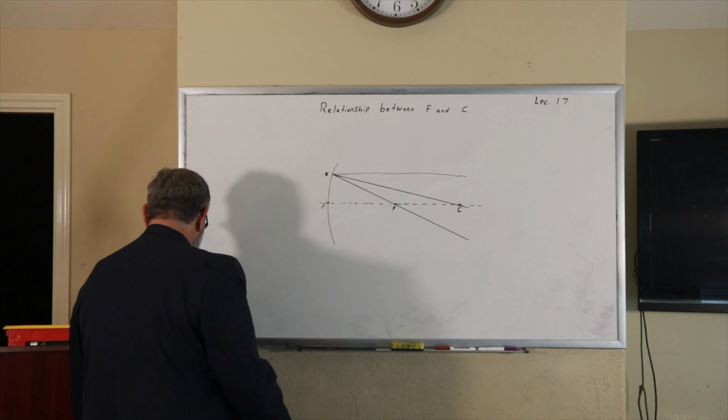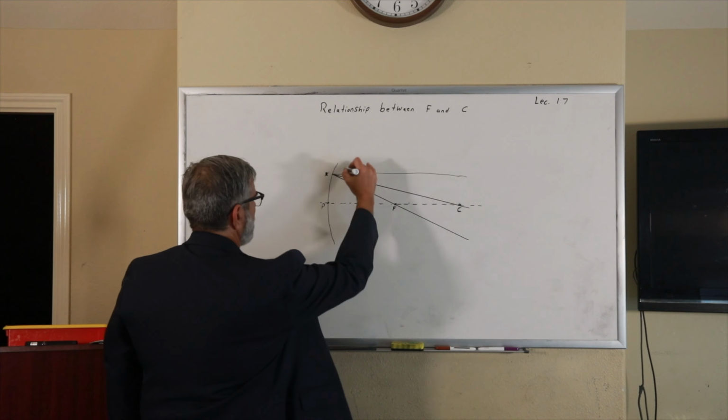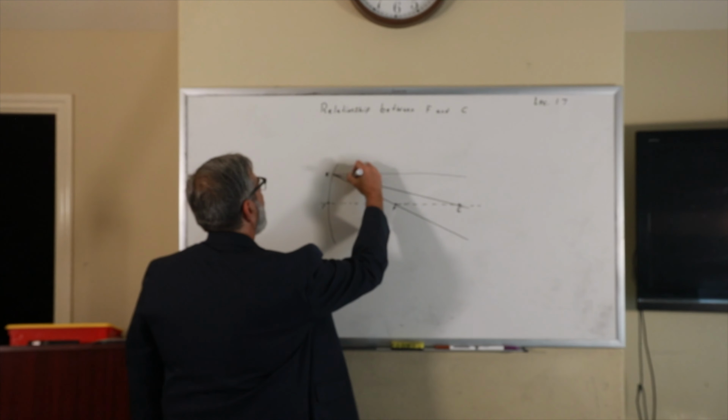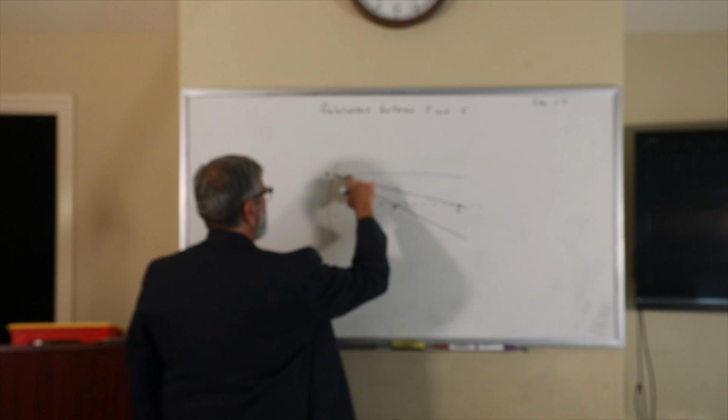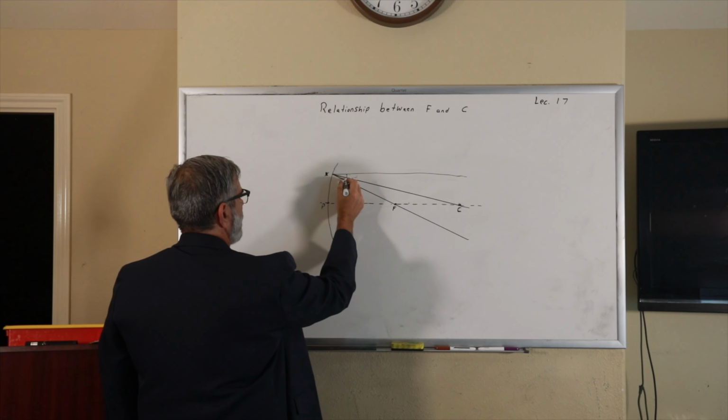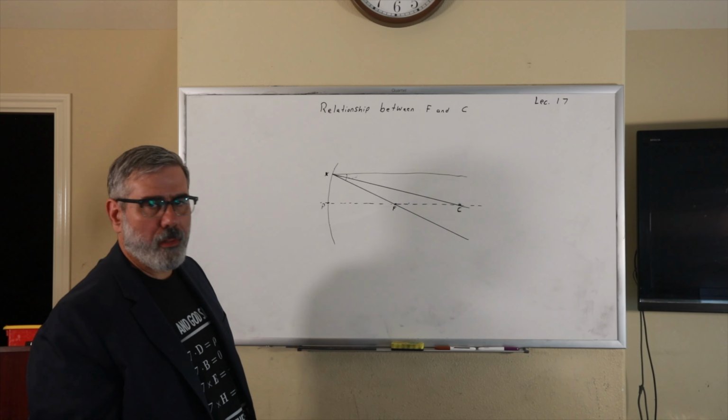And as such, by the law of reflection, it's going to bisect this angle here, right? So this would be the angle of incidence. I'm just going to draw that these are equal by the law of reflection.